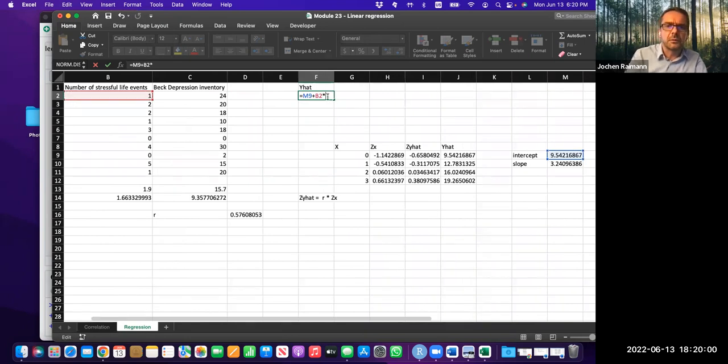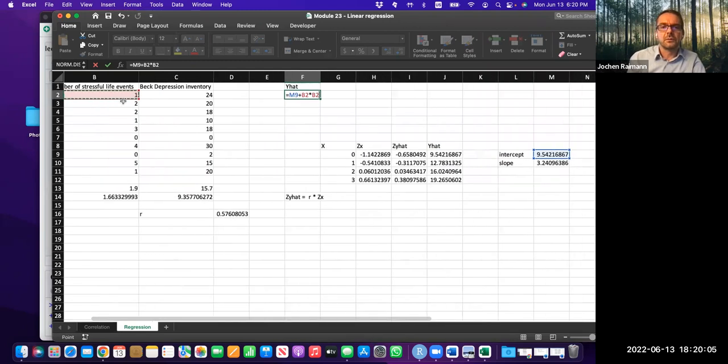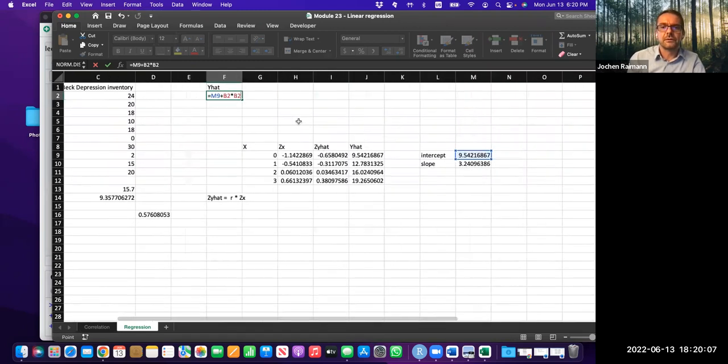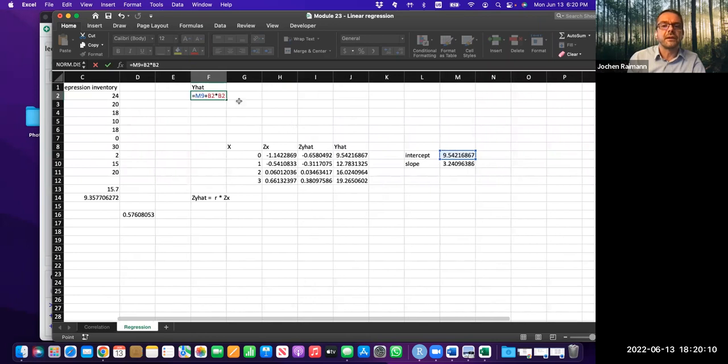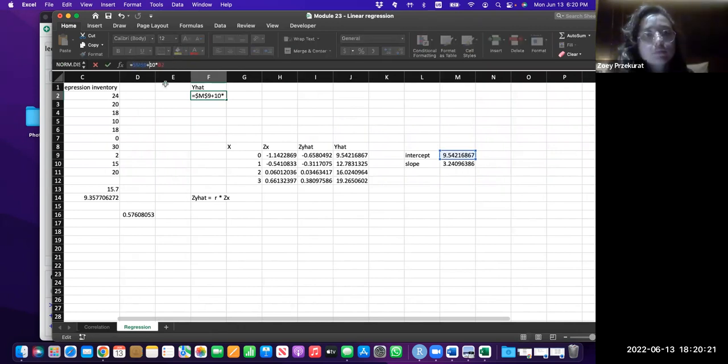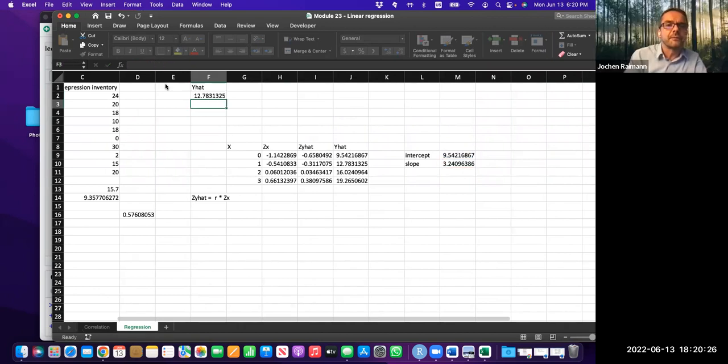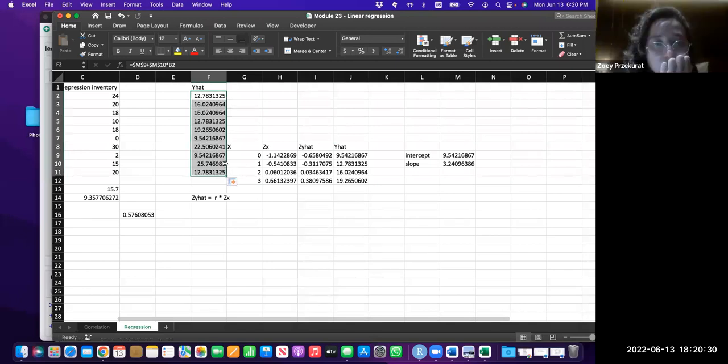Sorry, M9 multiplied by B2. No, that's not correct. It's M10. M10. Makes sense, right? So we're calculating for each individual, M, $10, our actual predicted score.